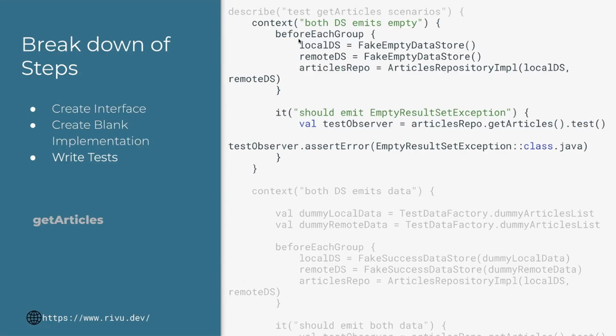before each group we are passing an empty data store in both the DS implementation parameters, and then we are creating the repository, and we are calling articlesRepo.getArticles.test.